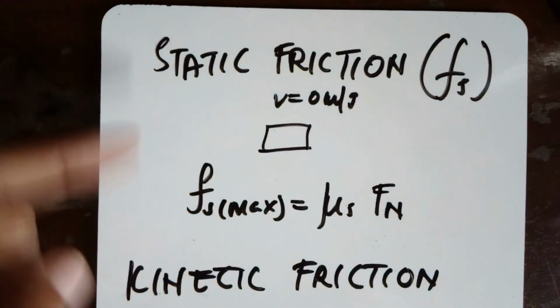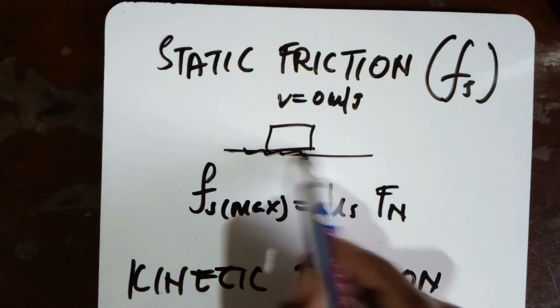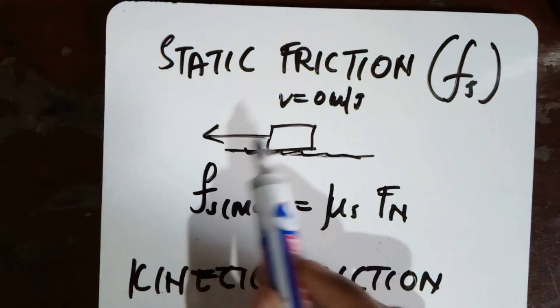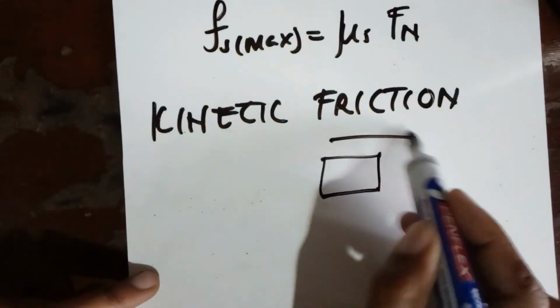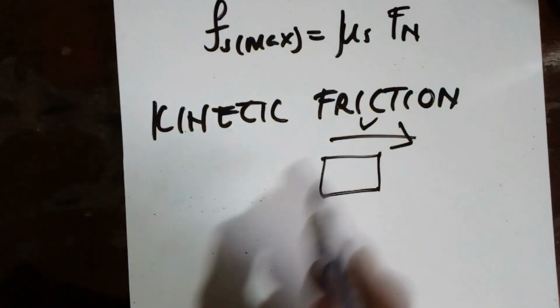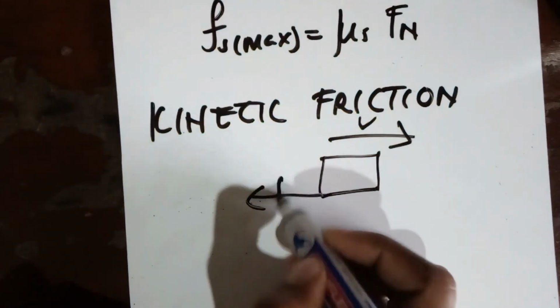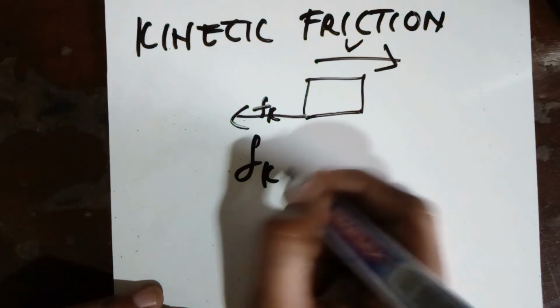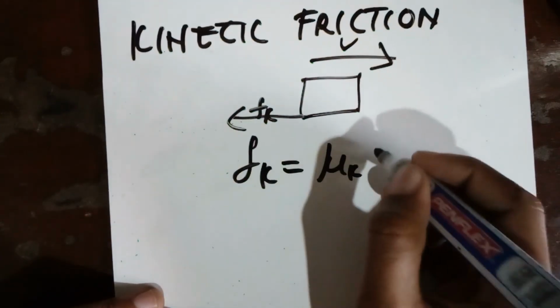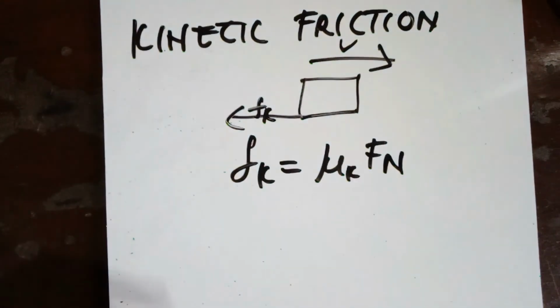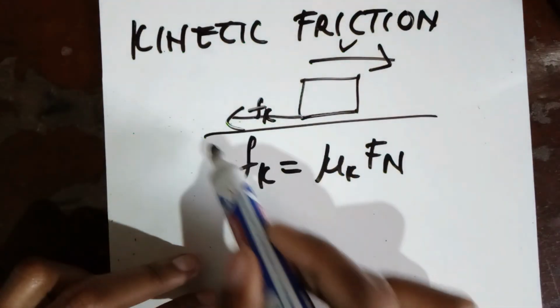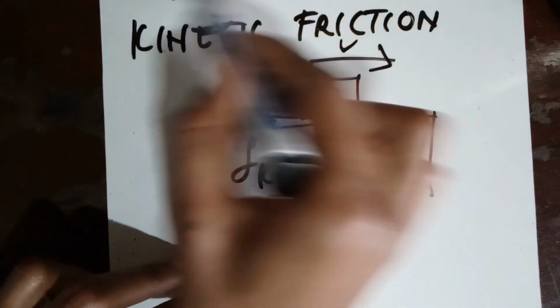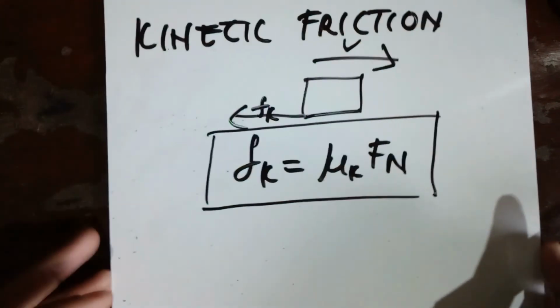Remember, with static friction your object is not moving, but because we have rough surfaces, you will have that force opposing it. Here, your object is moving at a certain velocity, and it also experiences that Fk. The formula you're familiar with is Fk equals mu k multiplied by the normal force.